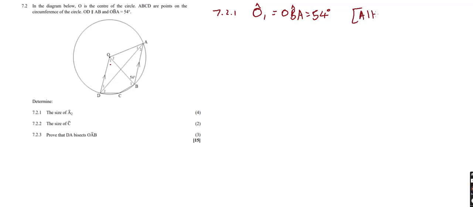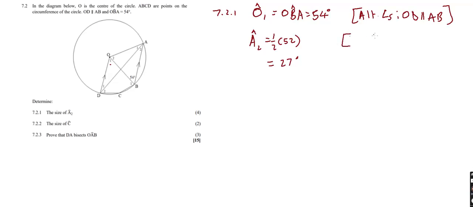These are alternating angles. And whenever you're using these theorems of parallel lines, you have to also state the parallel lines. OD is parallel to AB. And then A2 is going to be half of O1, which is supposed to give us 27 degrees.